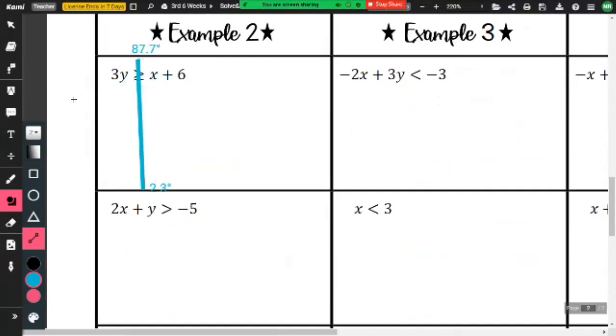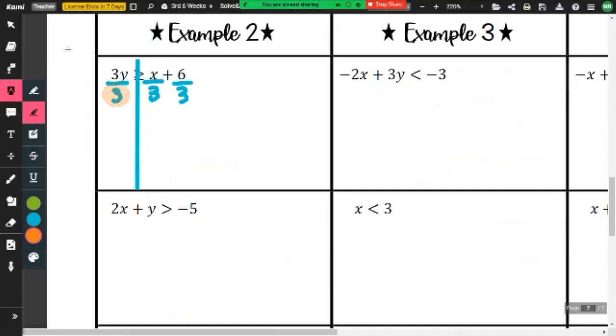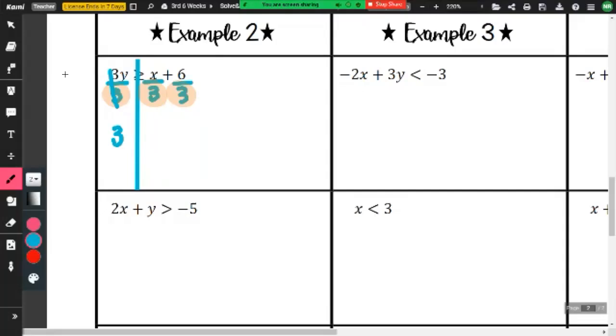And I don't want to make these videos too long. So this one is only a one step. You have the 3 in front of the y, so all you have to do is divide by 3. That 3 that you're looking at is positive, so there's no need to flip it.